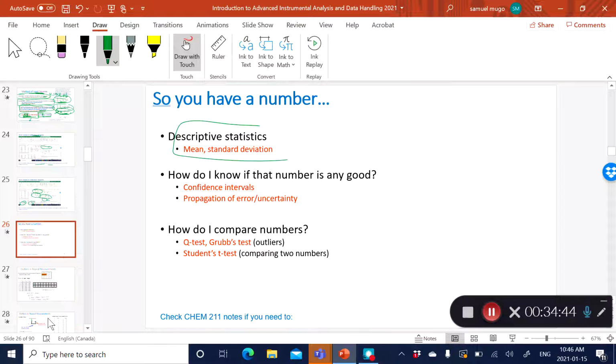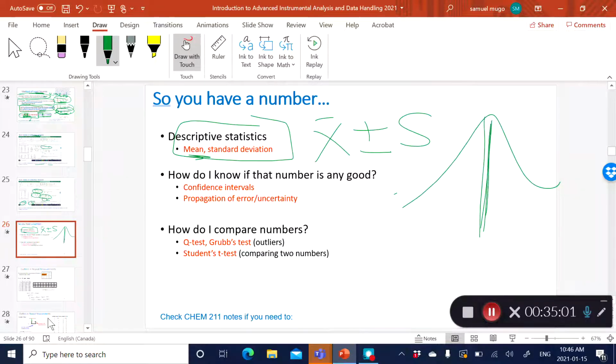Remember things like the descriptive statistics. Typically you report the mean plus minus the standard deviation. Now, the mean refers to the middle point right there.